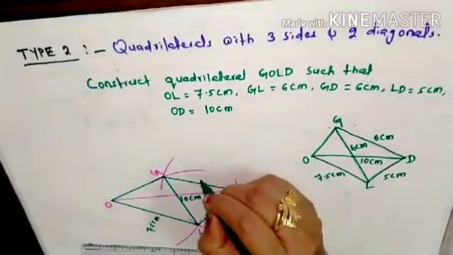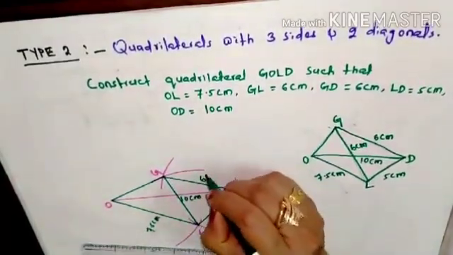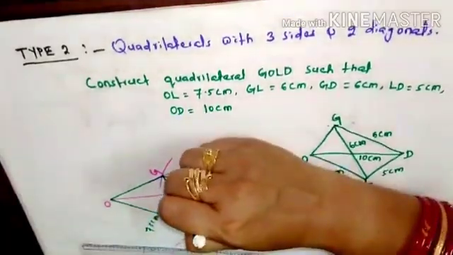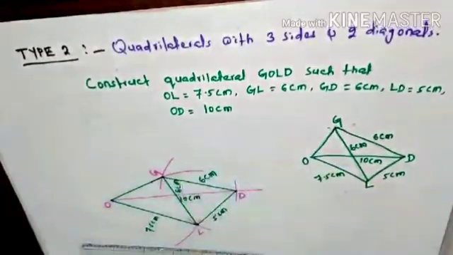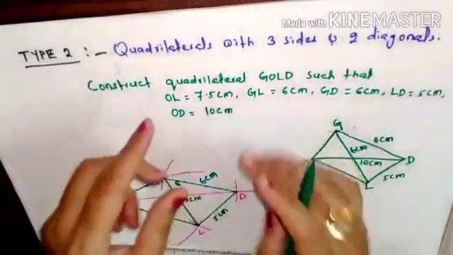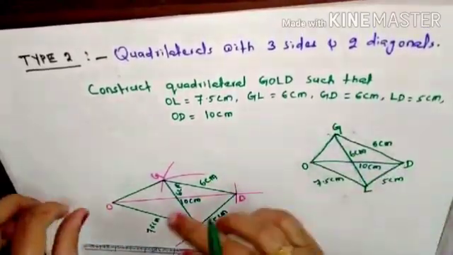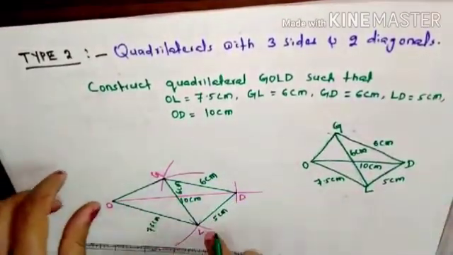So write down here again, GD is your 6 centimeters and GL is your 6 centimeters. So what do you get? This is nothing but your quadrilateral GOLD.